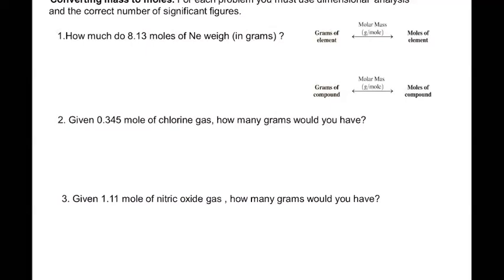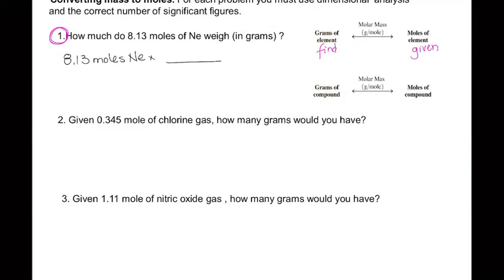So we are given, in this case, moles of an element, and we need to find grams of an element. So that means that here we're going to write 8.13 moles of neon.